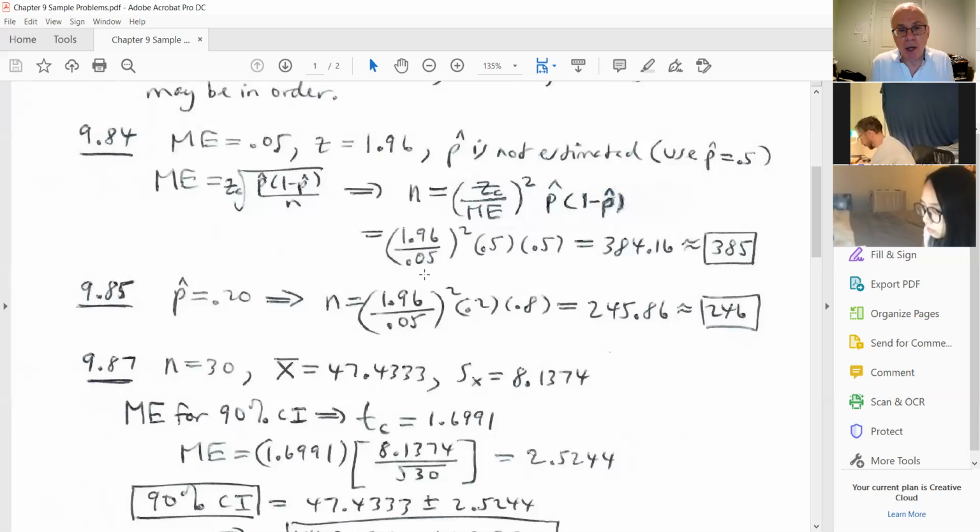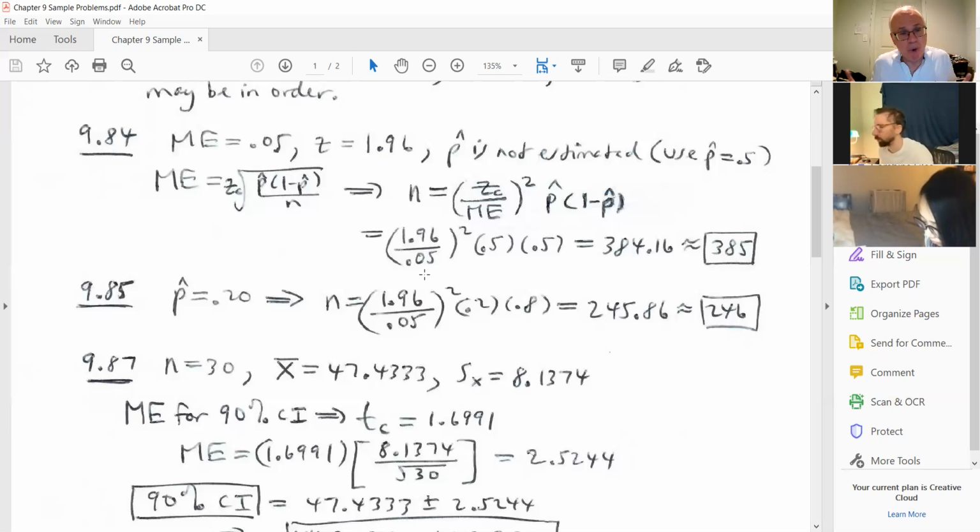All right. Any questions about that? So 9.84 and 9.85 go together, and they give you both types of minimum sample size problems for estimating a proportion. Either you know p hat or you don't know it. And both of those are able to answer that question. That's all there is to it.